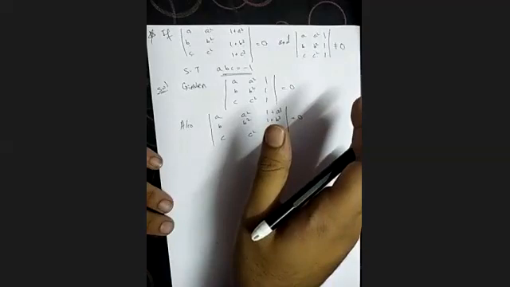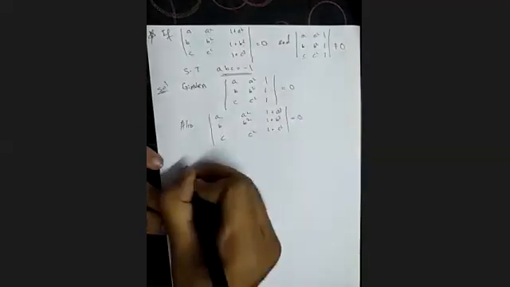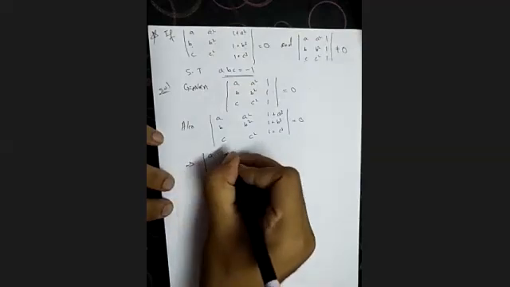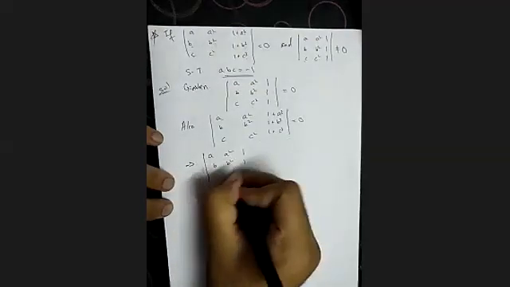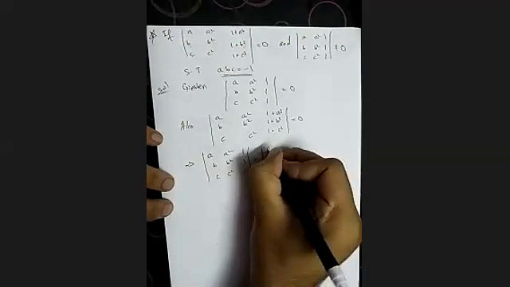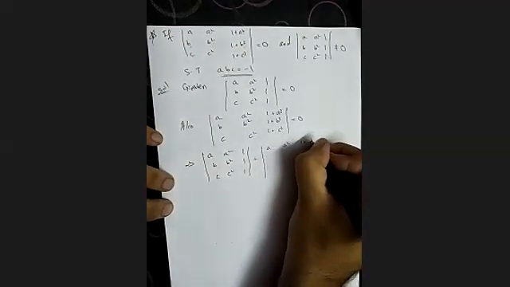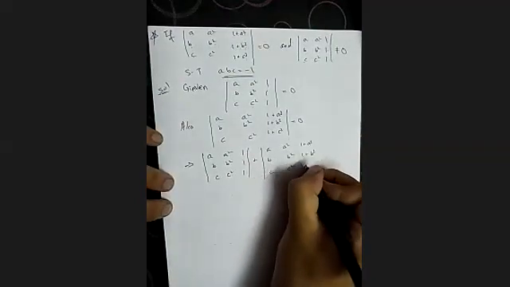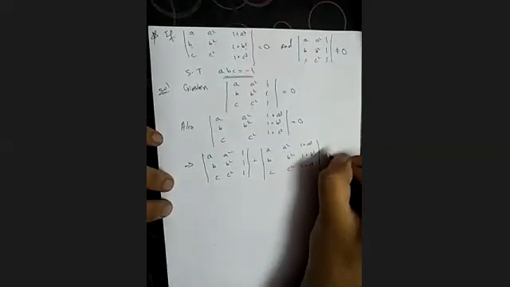Now, if we add these two, just add it: the first determinant, plus the second determinant, is equal to 0. This plus this is equal to 0.